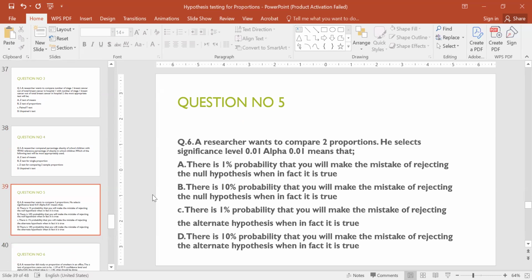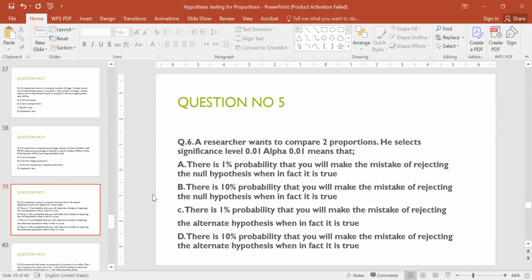Question number 5. A researcher wants to compare two proportions. He selects significance level alpha of 0.01. So what does this 0.01 alpha mean? Option A, there is 1% probability that you will make the mistake of rejecting the null hypothesis when in fact it is true. Option B, there is 10% probability that you will make the mistake of rejecting the null hypothesis when in fact it is true.